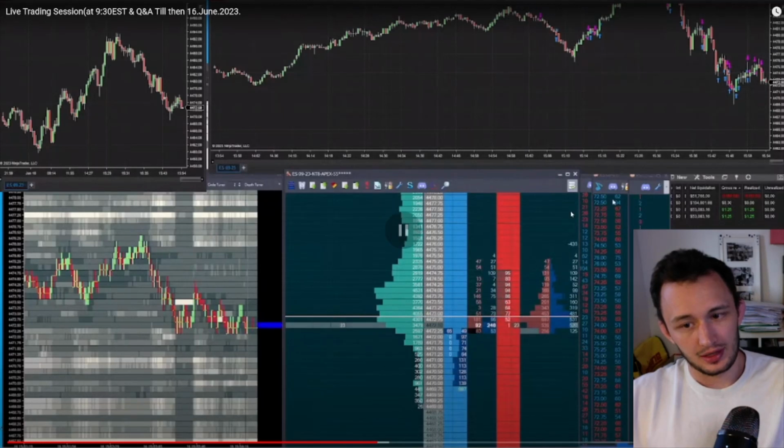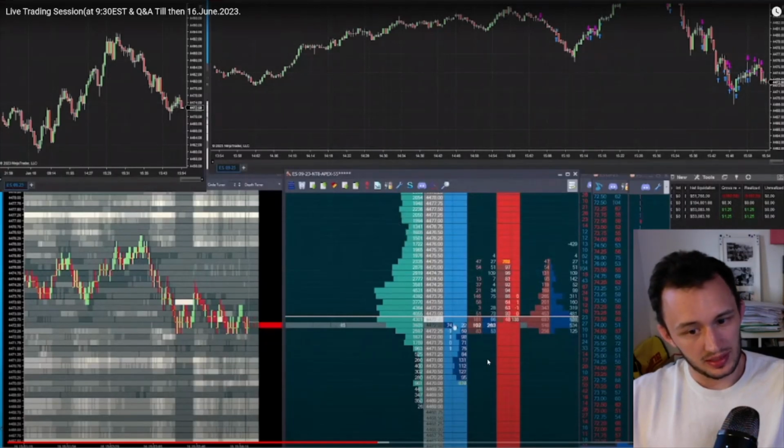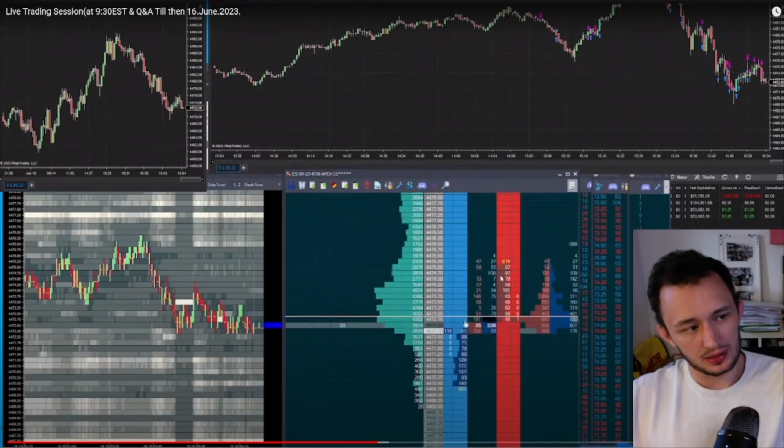Now we finally see, as you see my mouse go there as well, big buyers. We had a 100 lot and a 62 lot buyer print. So big buyers are interested here, and I think big buyers want to come in here and get this higher. But I'm still waiting for it to stop run this.